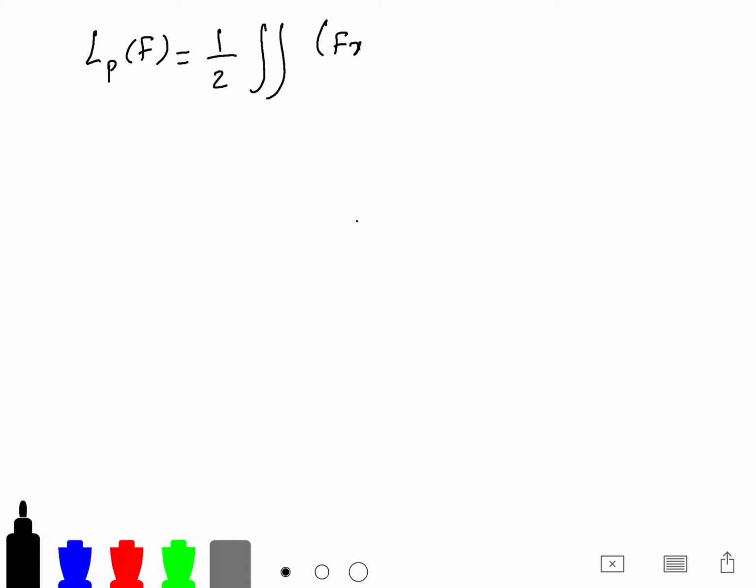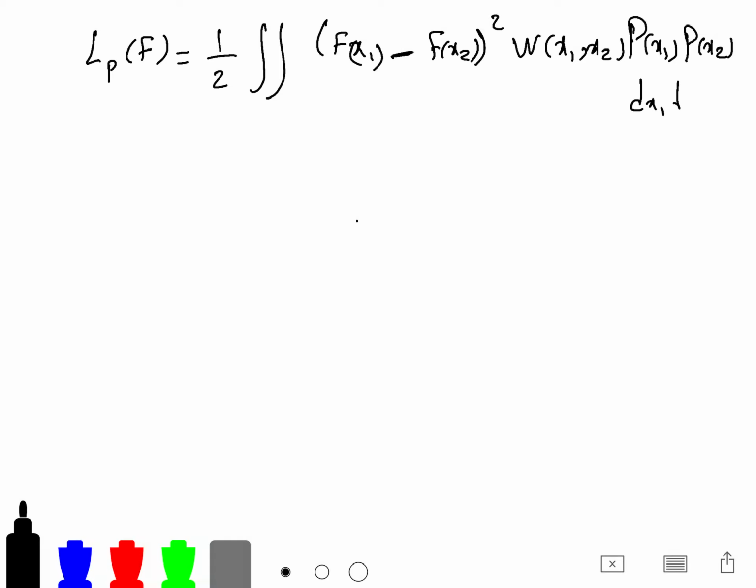So f of x1, f of x2, w of x1 and x2, and for example, they assume that p of x1 and p of x2 is separable, which, as I said, you cannot do in practice.